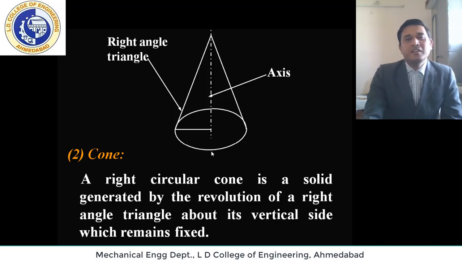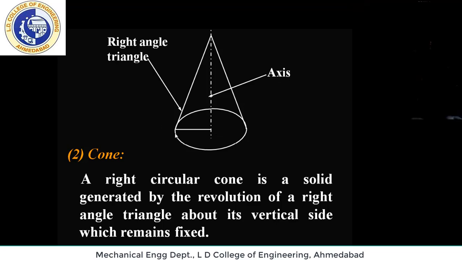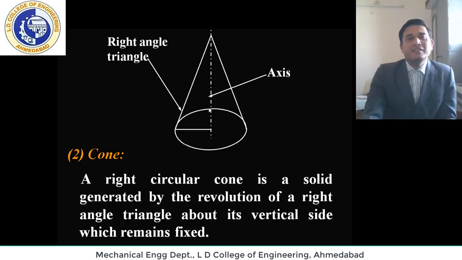So here there is a single base, while in the prism or cylinder we have two bases, top and bottom. This slant edge is an imaginary line, and it's known as the generator line.